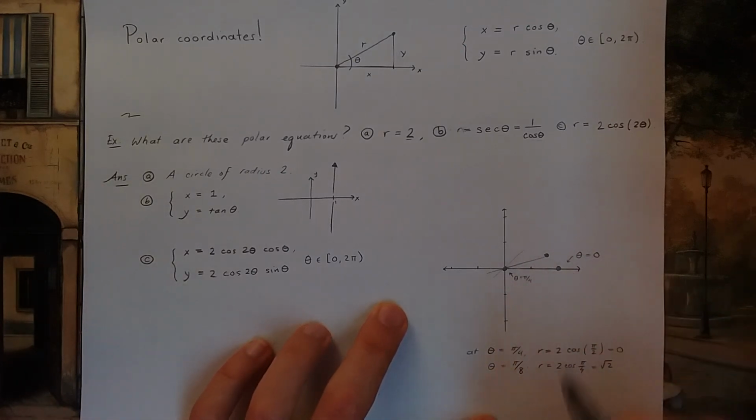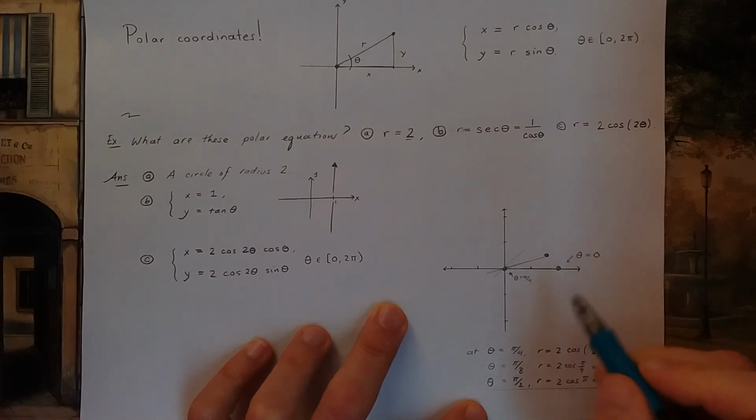Let's plot another point. How about at theta equals pi over 2? So r is equal to 2 cosine. If I plug in pi over 2 here, I get cosine pi, which gives r equal to negative 2. All right, this one's interesting.